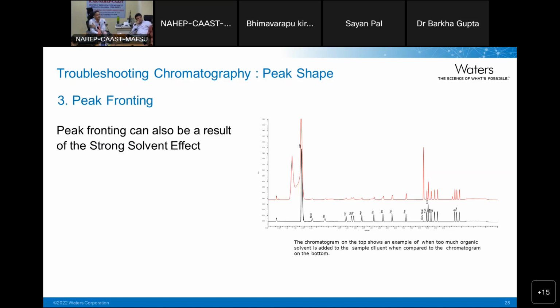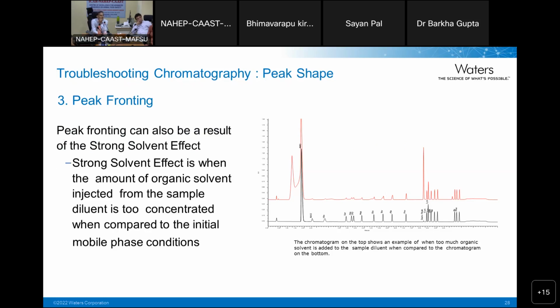Another reason could be strong solvent effect. Strong solvent effect is when the amount of organic solvent injected from the sample diluent is too concentrated when compared to the initial mobile phase conditions. When your diluent has more organic as compared to your mobile phase starting conditions, at that time, you can see such the red chromatogram.